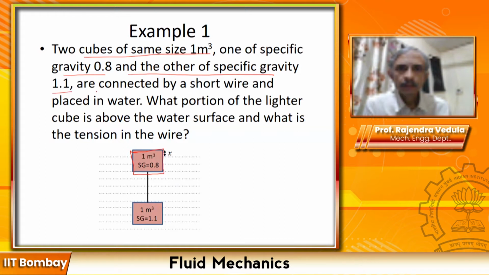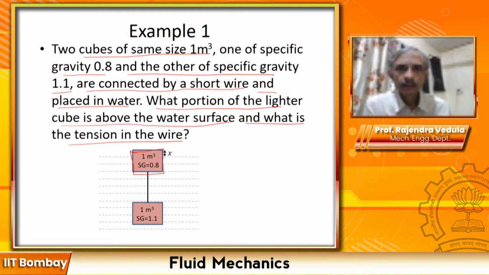Okay. Both are connected by a short wire and are placed in water. What portion of the lighter cube is above the water surface and what is the tension in the wire?